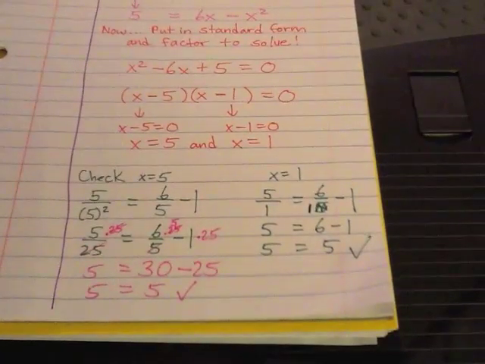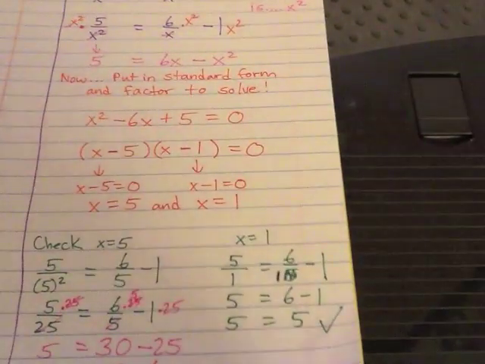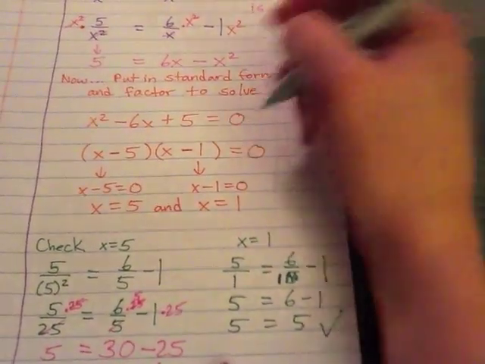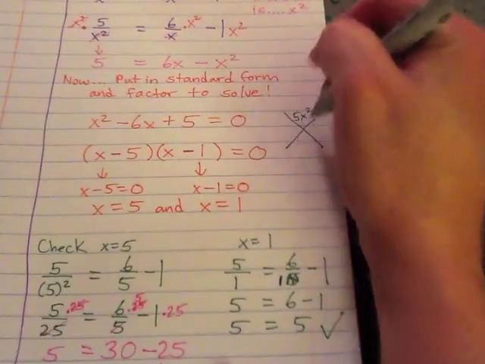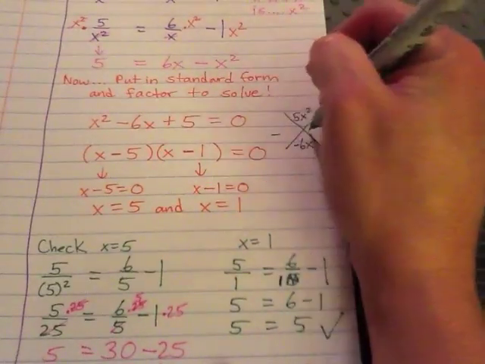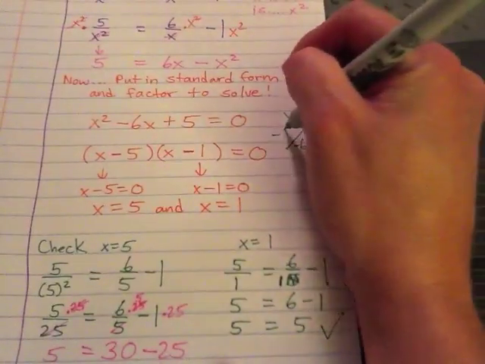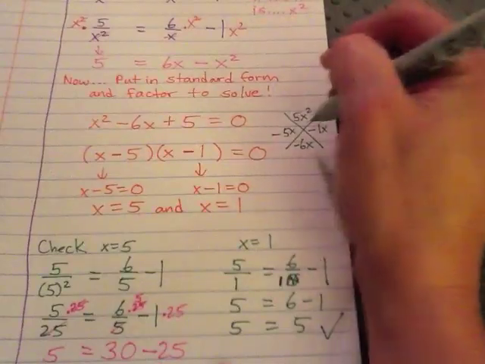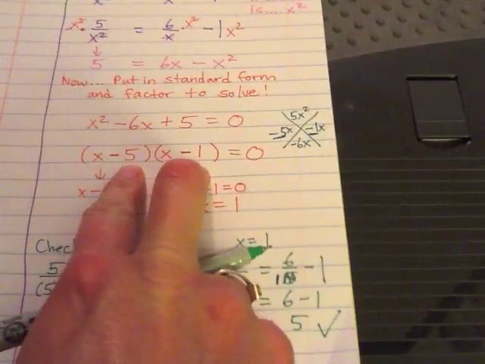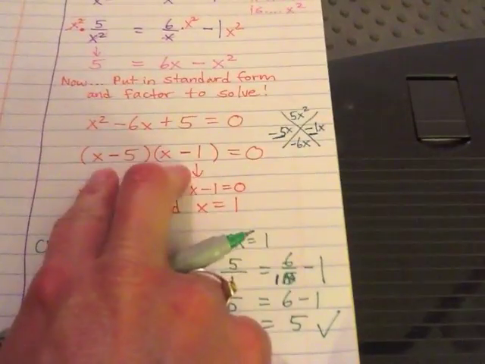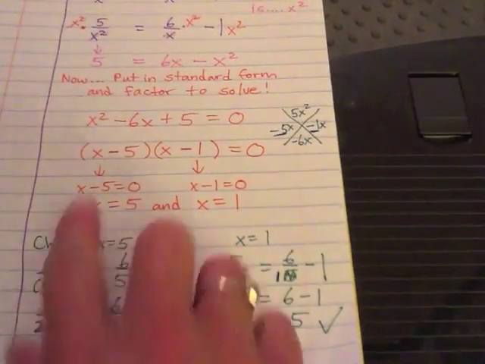So if you're a little bit unsure and you're thinking, okay, I kind of know the shortcut, but I'm worried I'm making a mistake, then what you could have done right here for your diamond is you could have just set up the diamond, and you would have had 5x squared and a negative 6x, and then you would have known negative, negative, looked for your answers, and you would have come up with the negative 5x and the negative 1x, and then this number and this number are right there at the end of your binomials, and the x is at the front. So you don't have to use the rectangle, but you can still use the diamond to help you get all the signs correct.